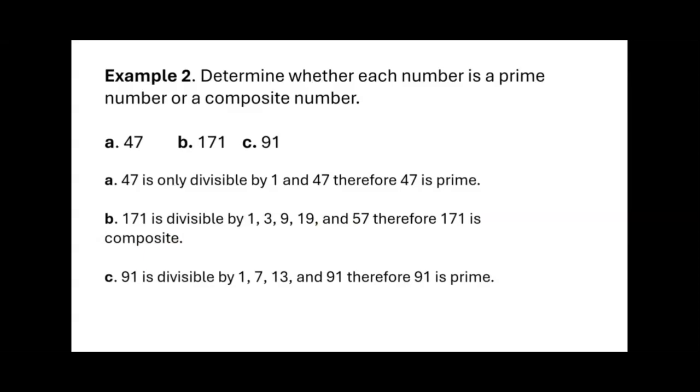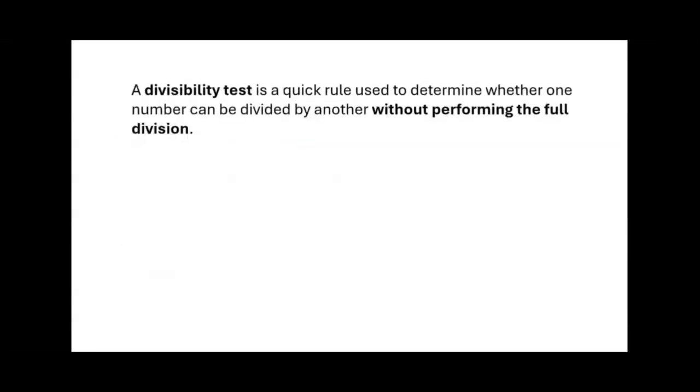It says prime here, but it should say composite because it is divisible by 7 and by 13. In fact, if you multiply 7 times 13, that's 91. So it has 4 divisors: 1, 7, 13, and itself. So this is composite. The only prime was 47.